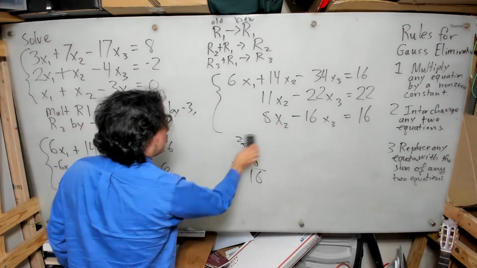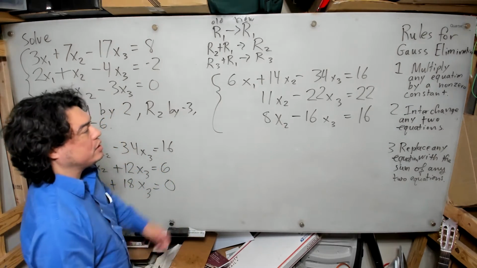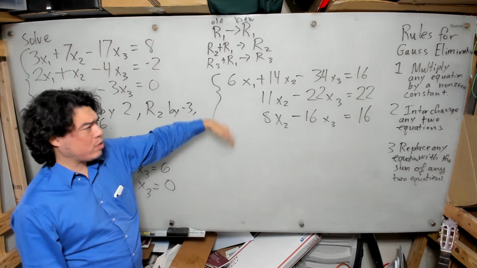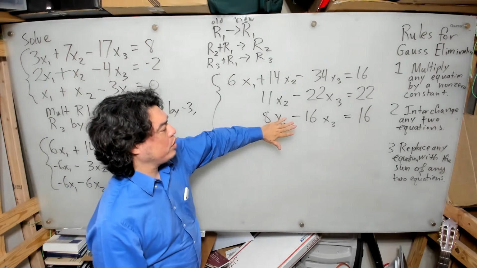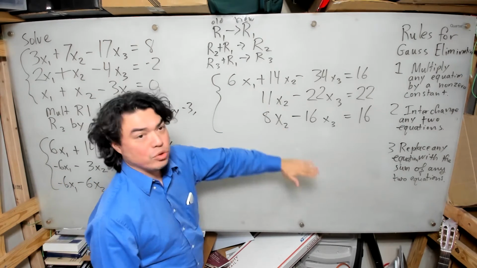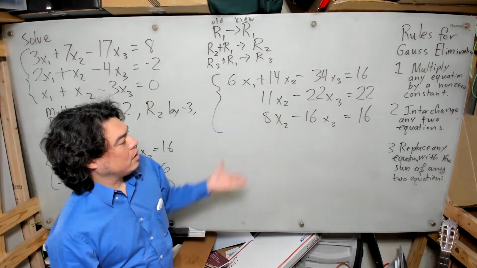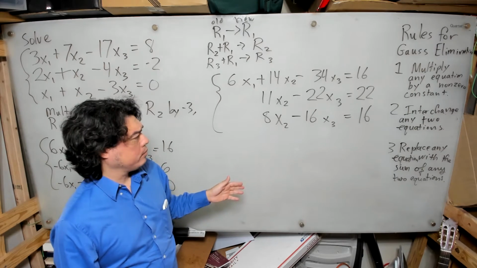So now what I want you to observe is that we have transformed this system into a system where the two bottom equations no longer have x1. And our next goal is to eliminate x2 from one of these equations. But we can't do that right away because we can't add these to do that yet.